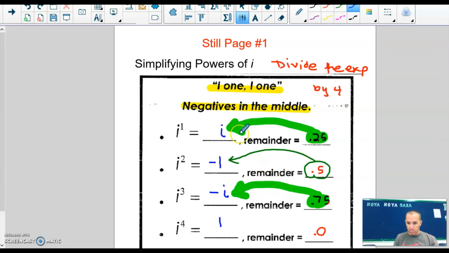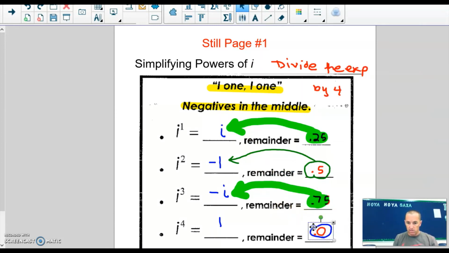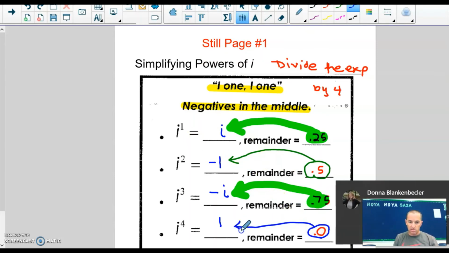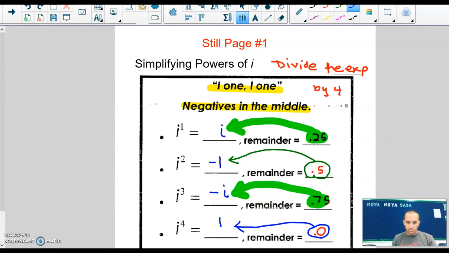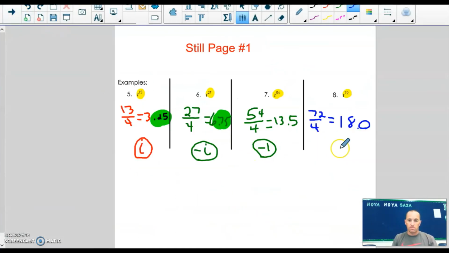Down here on the bottom, 0.0 represents just 1. So our answer is just 1. And that is how we simplify exponents.